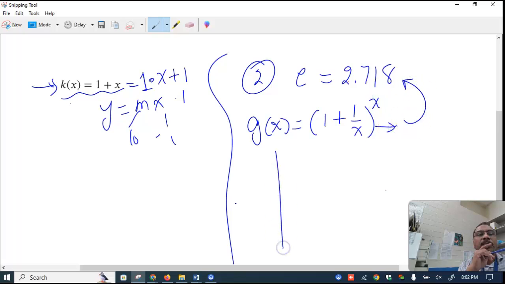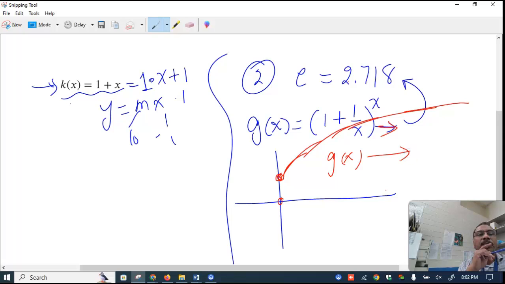You can see when you graph this, when x is almost 0, this is almost like 1, but the graph goes this way. So this function g of x approaches 2.718 as the output for large values of x.